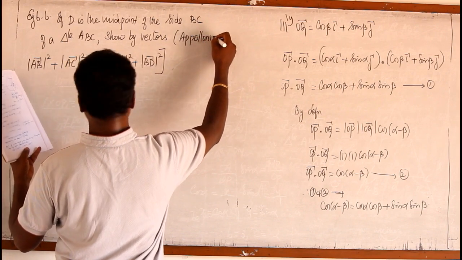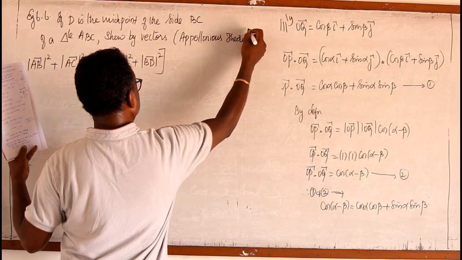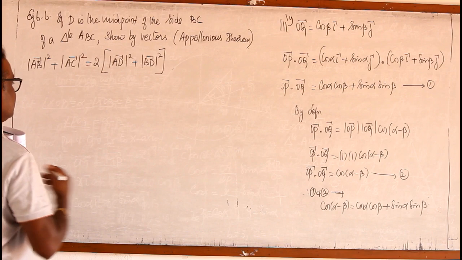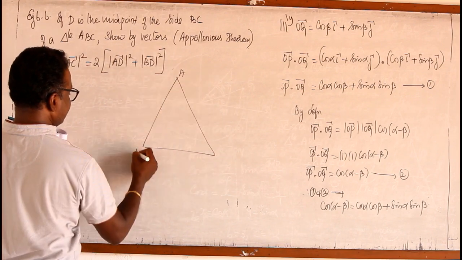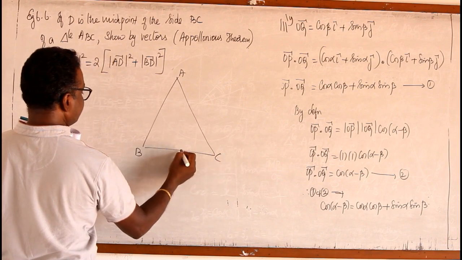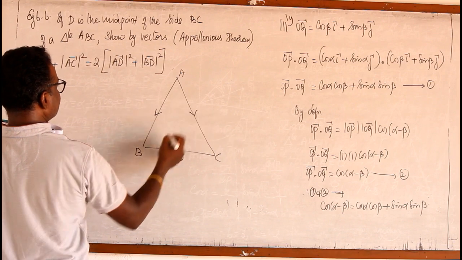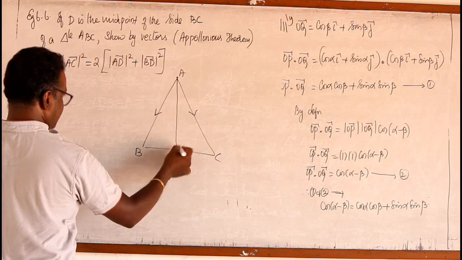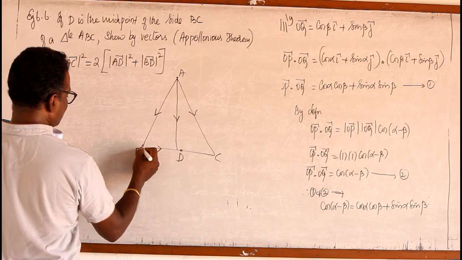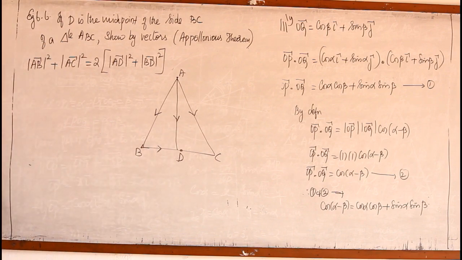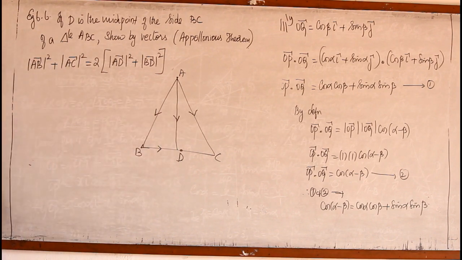That is, a triangle ABC is given, D is the midpoint of BC, then AB square plus AC square equals twice of AD square plus BD square. So what I am going to do is find out AD vector and BD vector, and it will come automatically.